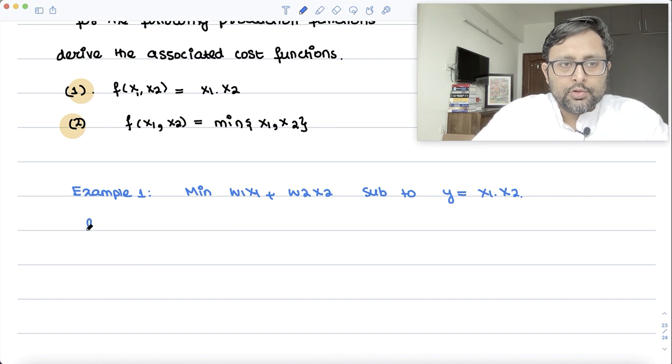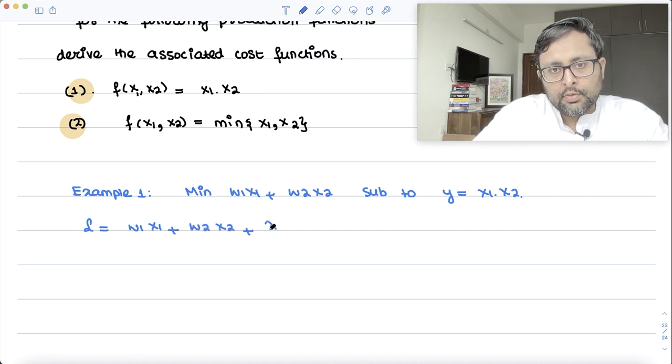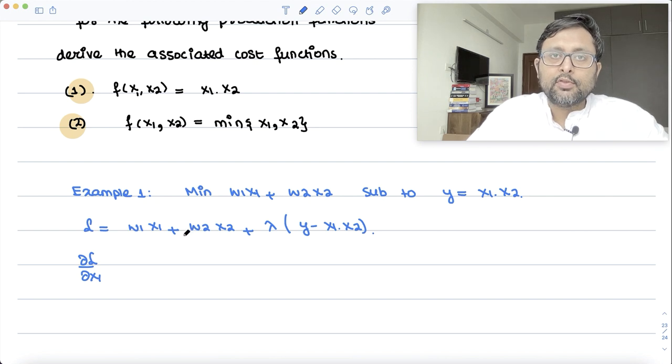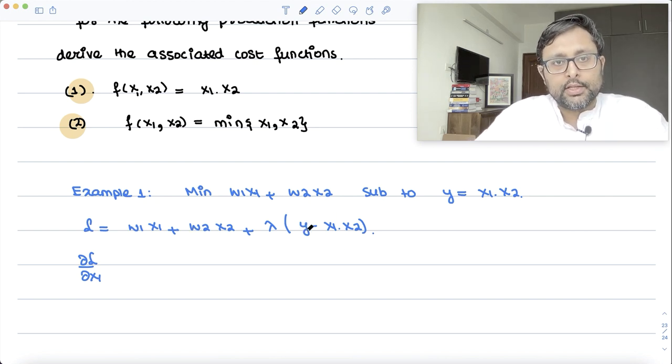So you set up the Lagrangian: W1 x1 plus W2 x2 plus lambda (y minus x1 x2). That's what you do. Your objective function is W1 x1 plus W2 x2, and you need to minimize this subject to this constraint, this production function.